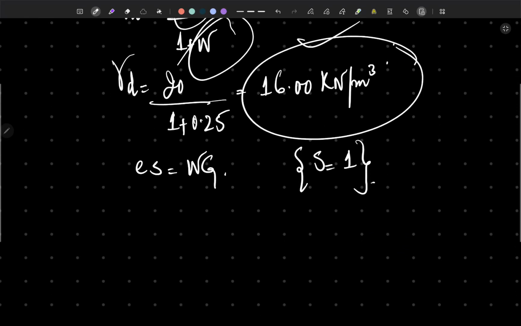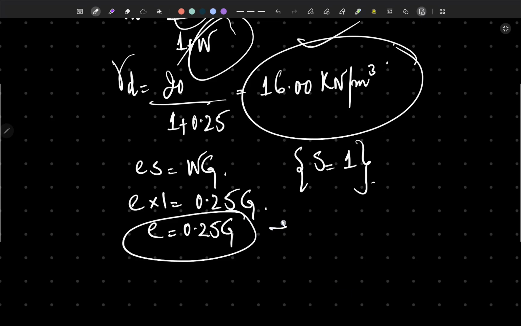So if I substitute it here, e is equal to w, 25%, times G. So e is equal to 0.25 G. This is expression A.